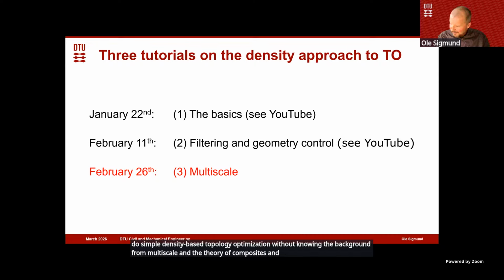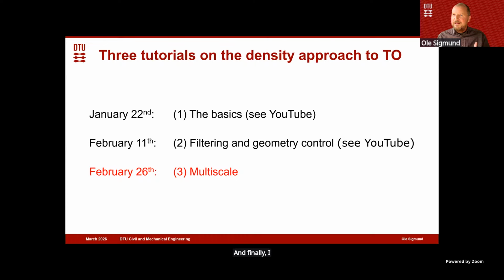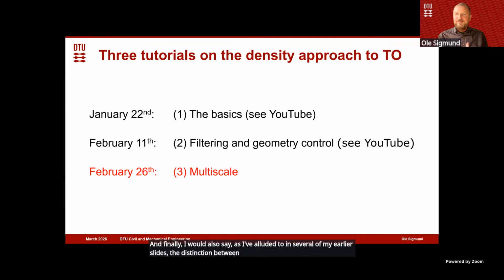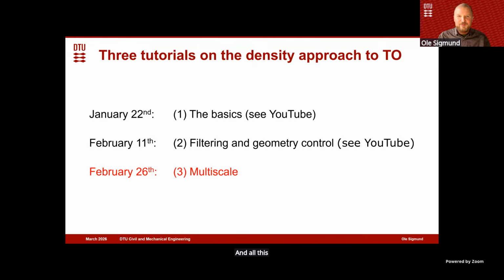And finally, as I've alluded to in several of my earlier slides, the distinction between the different methods in our field is really not as big as it sometimes looks when you read the literature. Density methods, level set, topological derivatives, multiscale, I think it's one and the same thing, but in different flavors.